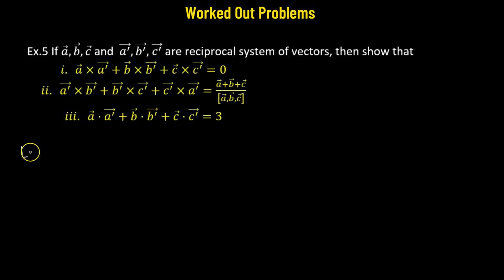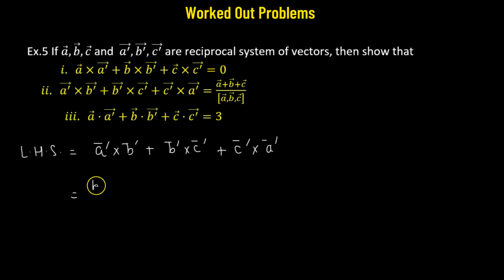So we'll start from the left hand side. In the left hand side we have vector A prime crossed with vector B prime, added to vector B prime crossed with vector C prime, plus vector C prime crossed with vector A prime. So vector A prime is given by vector B crossed with vector C divided by [A, B, C], the scalar triple product.